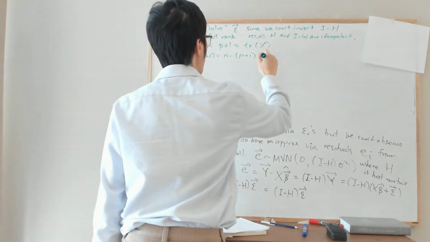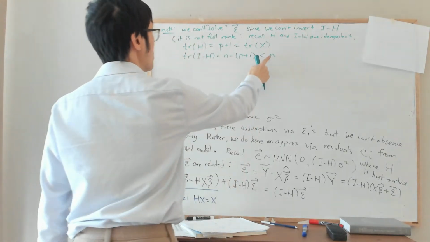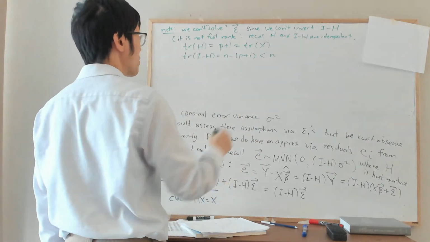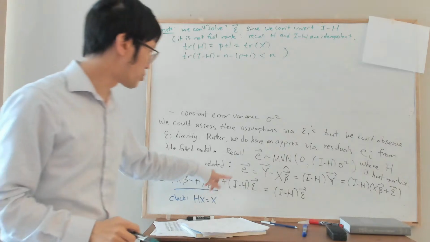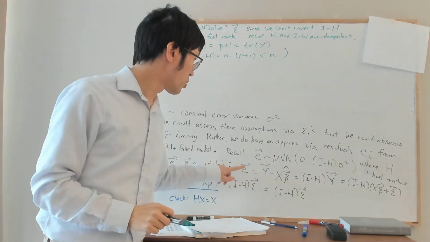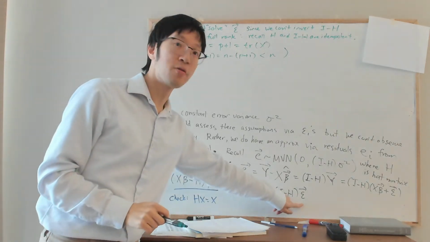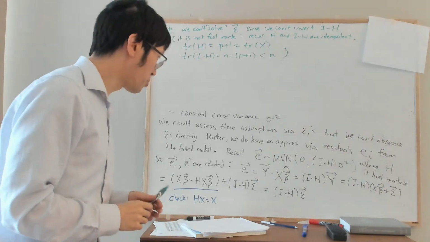It's less than n. Therefore we can't invert I minus h. That explains why from the residuals we cannot recover epsilon.